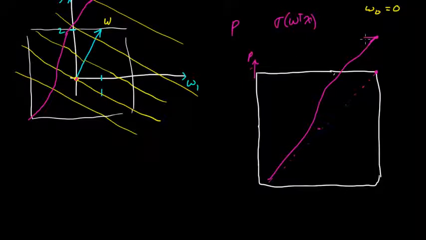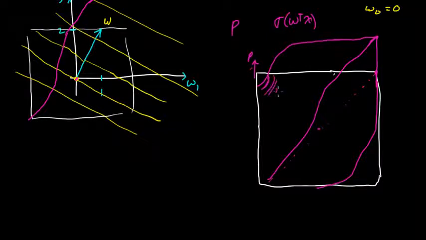And more generally, it's going to look something like this. So up in this area, it's going to be high, and then it's going to drop down. So you're going to have this sort of region here.